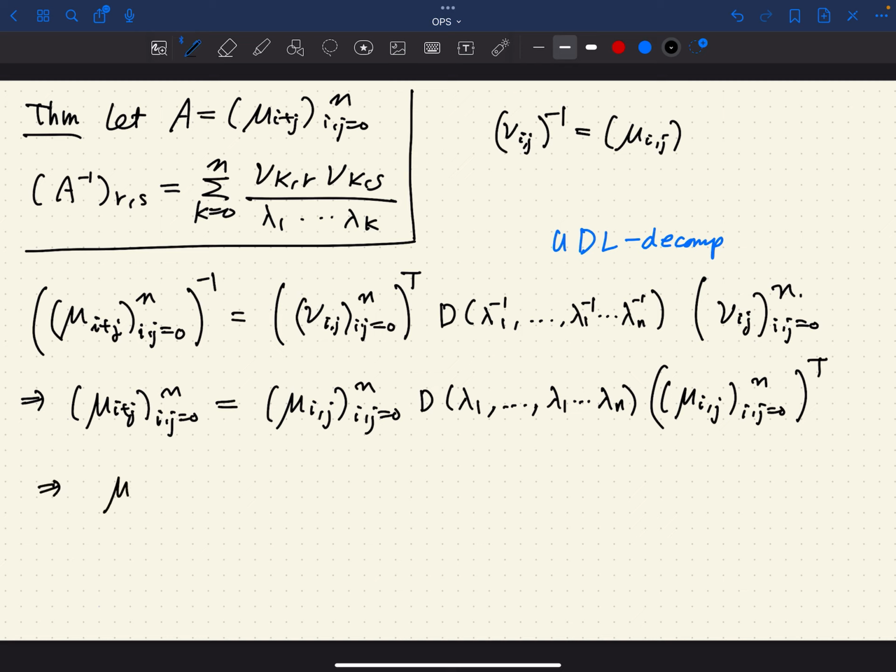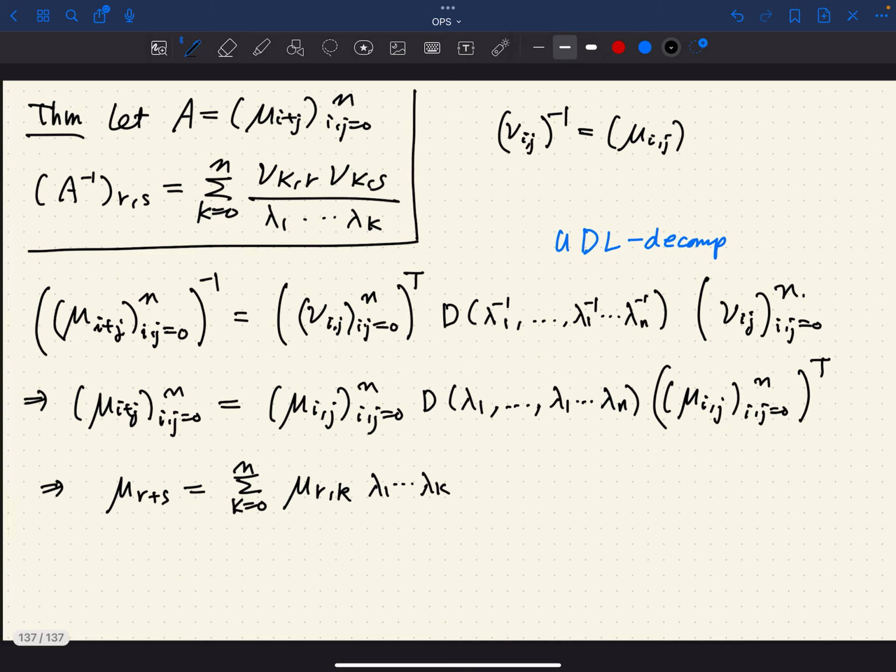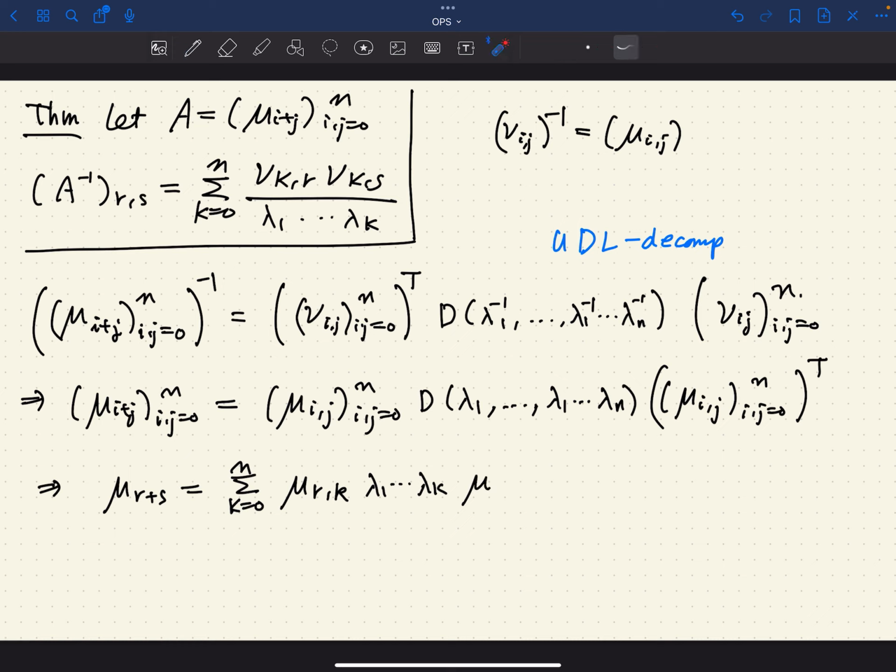But now let's look at the r comma s entry. The r comma s entry can be computed by multiplying these three matrices, and that's exactly like this: sum over k from 0 to n, mu rk. If you take the r comma k entry here, you have to take k here, so k comma s. So here you multiply lambda 1 through lambda k for the entry from the diagonal matrix, and then you multiply mu k comma r from here, but it's a transpose, so it's s comma k, like this.